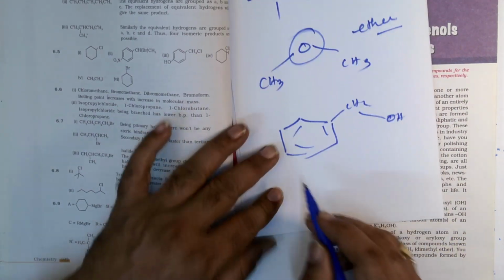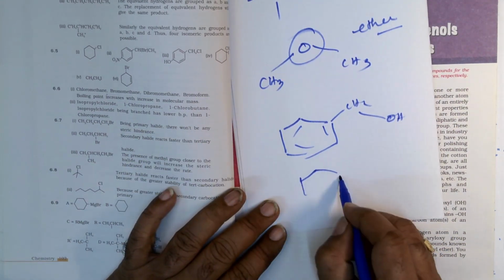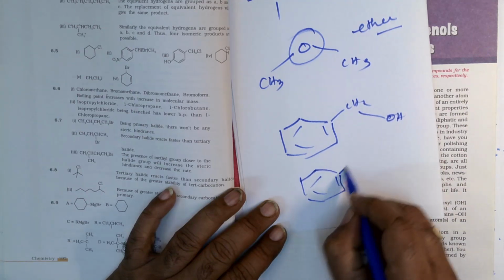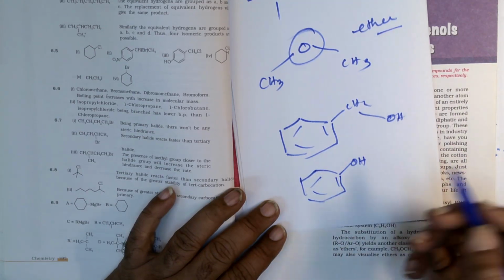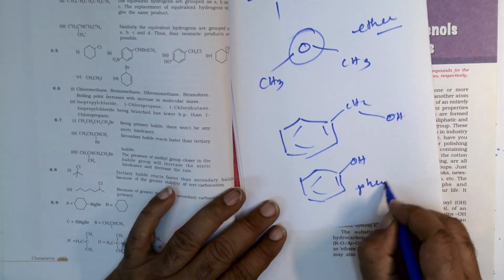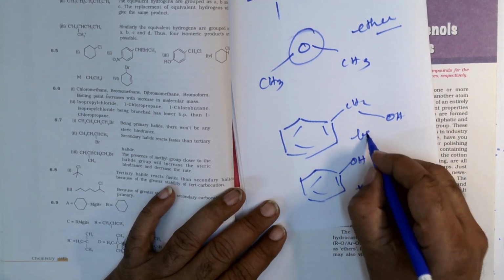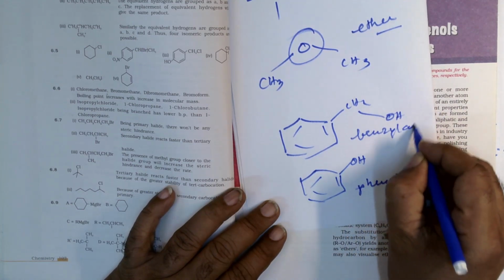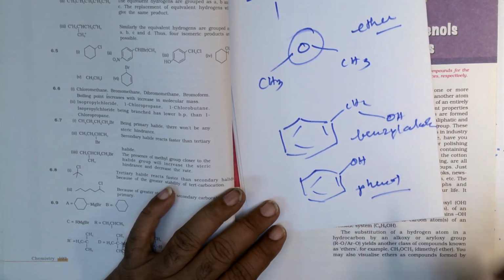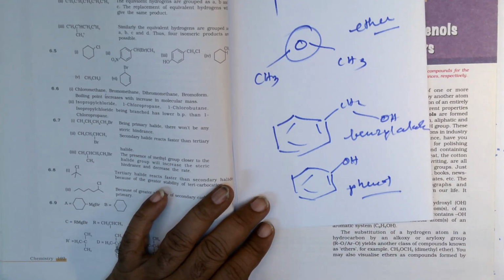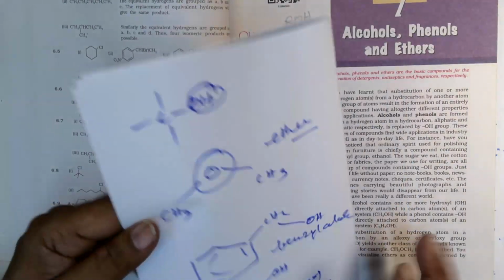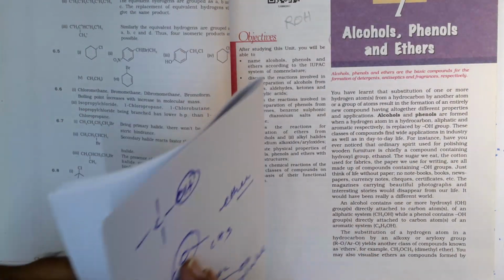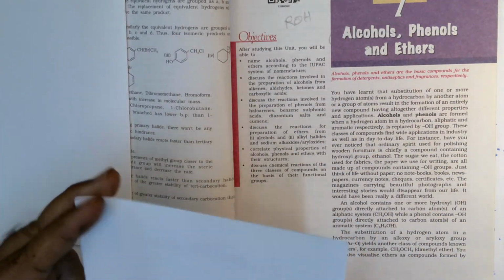But when the OH is straight away joined to the ring, it is called phenol. So this is phenol, whereas this is benzyl alcohol. Then you have phenoxymethane, or phenyl methyl ether, also called methoxybenzene.